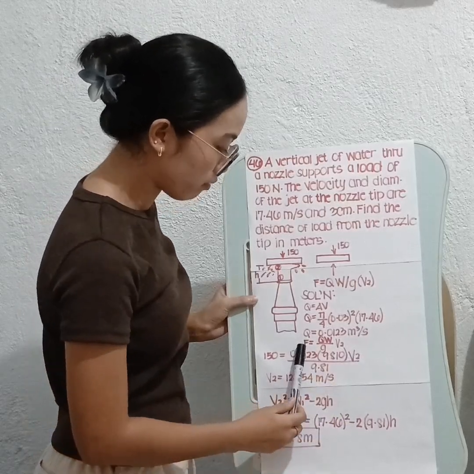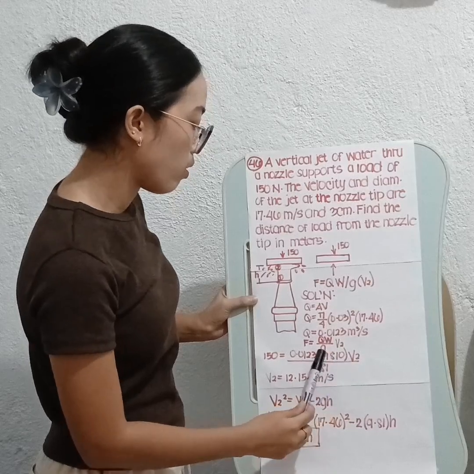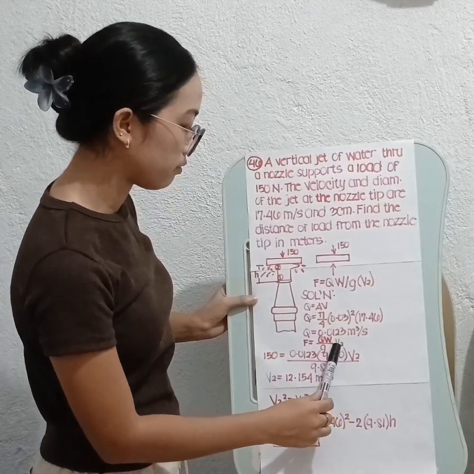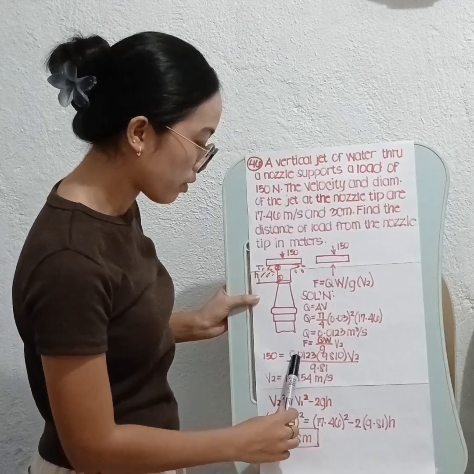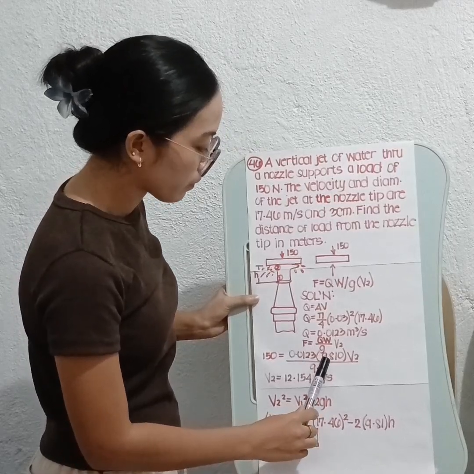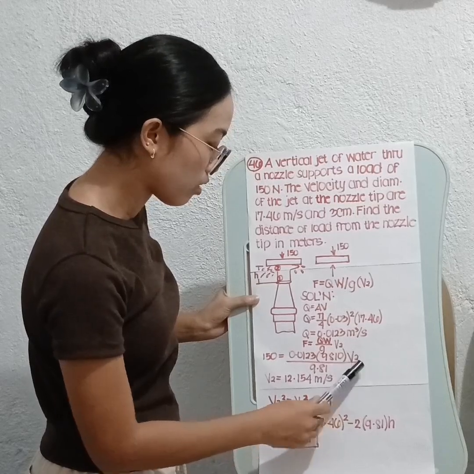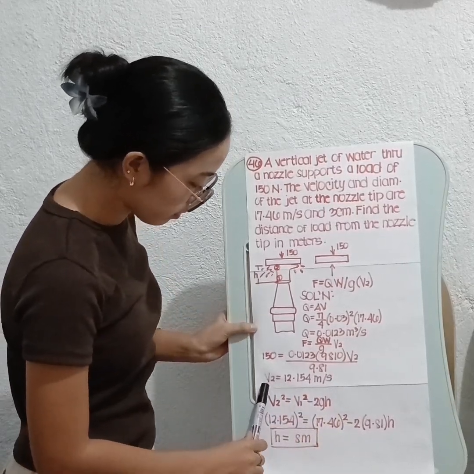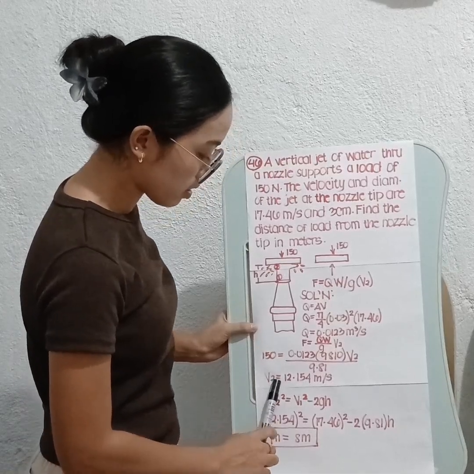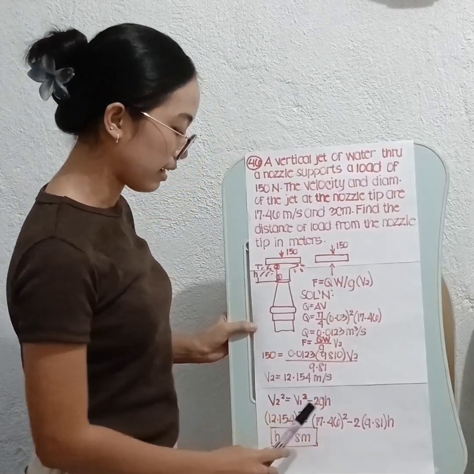Then use the formula of F is equals to Q times the weight over the gravity times the velocity. So we have 150 is equals to 0.0123 times 9,810 times the velocity over 9.81. So we get the velocity is equals to 12.154 meter per second.